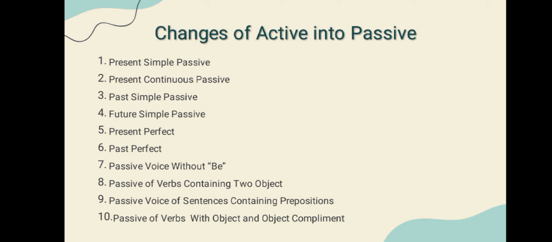Fifth, present perfect. Sixth, past perfect. Seventh, passive voice without be. Eighth, passive of verbs containing two objects. Ninth, passive voice of sentences containing prepositions. And tenth, passive of verbs with object and object complement.